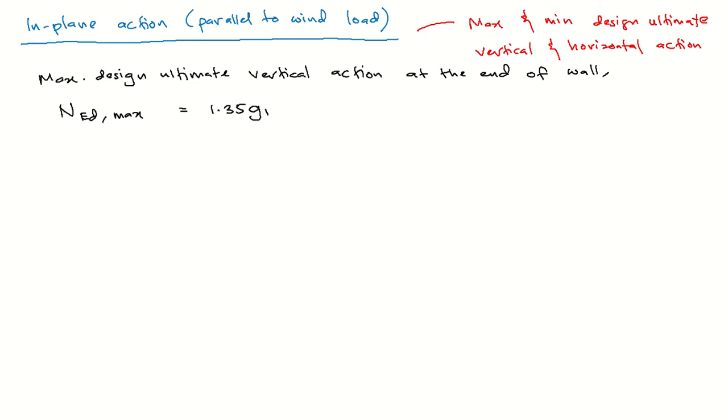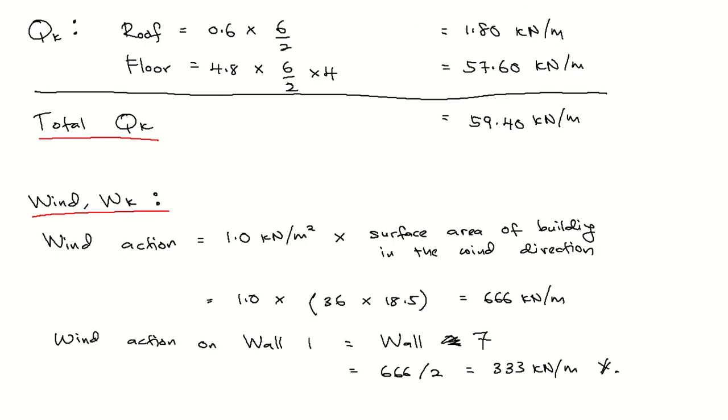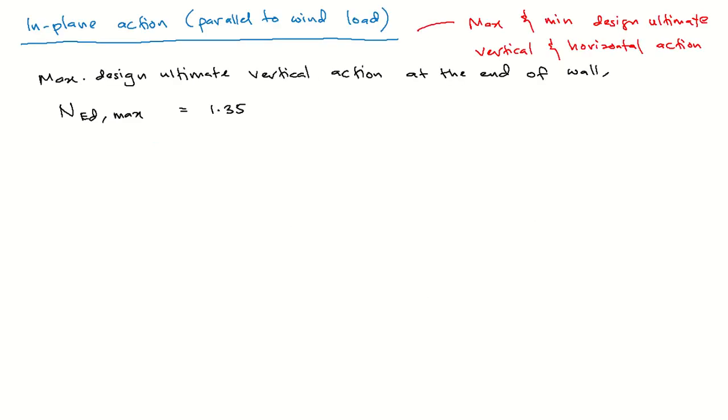So what is the formula? 1.35 GK, and just not to get confused, we use GK and QK here, plus 1.5 QK plus WK.